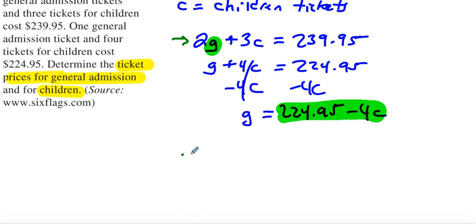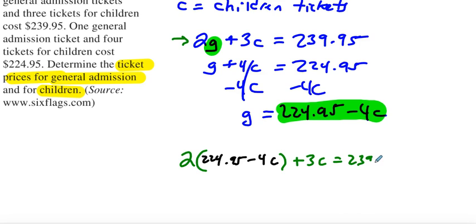So 2 times G, which is 224.95 minus 4C. Again, this is 2 times G, this whole thing's G, plus 3C equals $239.95.